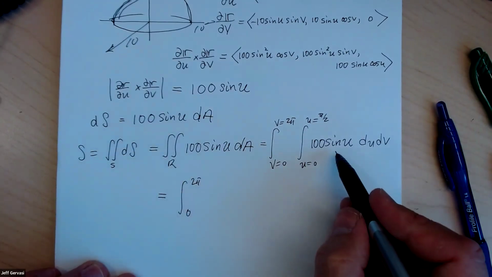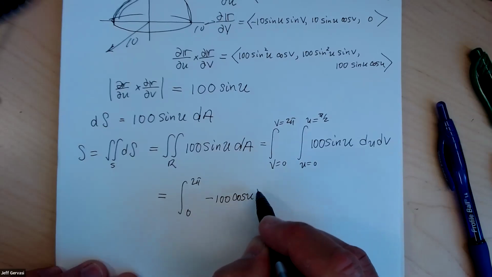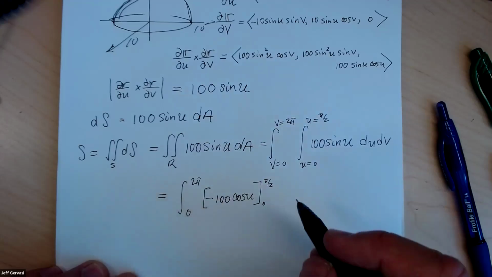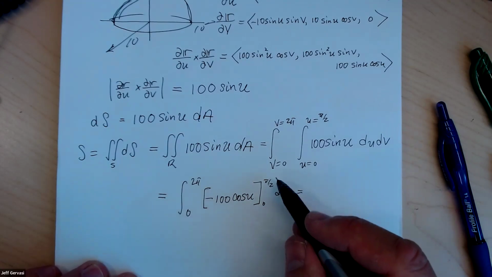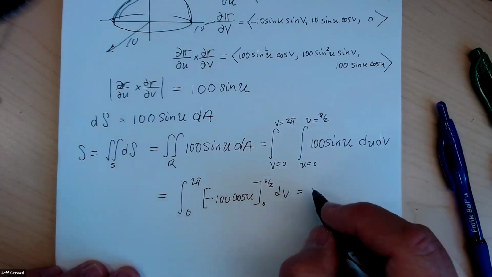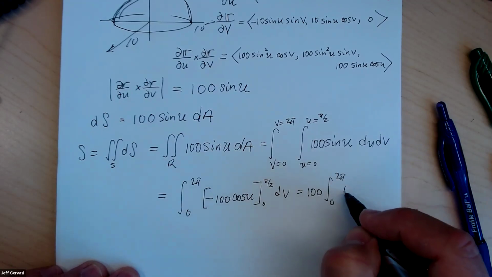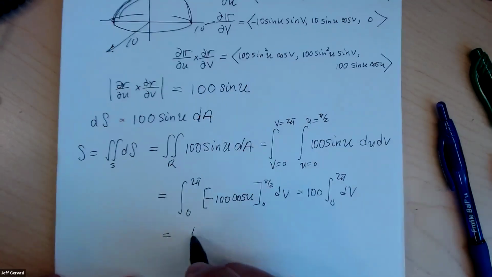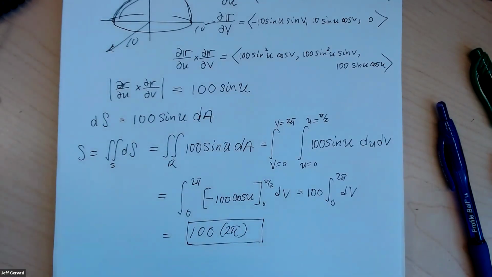So our antiderivative of 100 sine u is negative 100 cosine u from 0 to pi over 2. Apply our fundamental theorem. Going to wind up with a 100, and I'll just bring that through the integral symbol. And of course, the value of our integral is 2 pi.